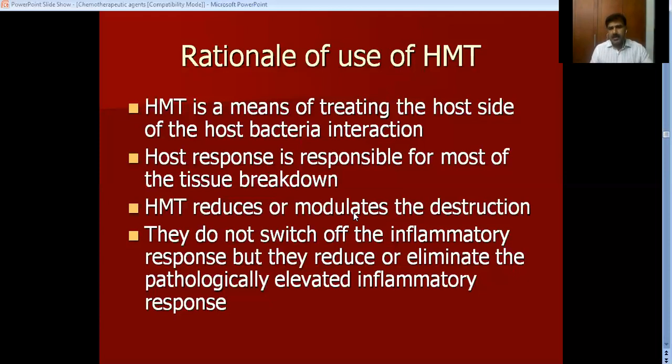Mediators like collagenase, interleukins and prostaglandins will cause resident tissue damage. So we control these mediators produced by the host, or even if they are produced, we give some pharmacological agents by which we neutralize them. That is the basic concept of host modulation therapy.